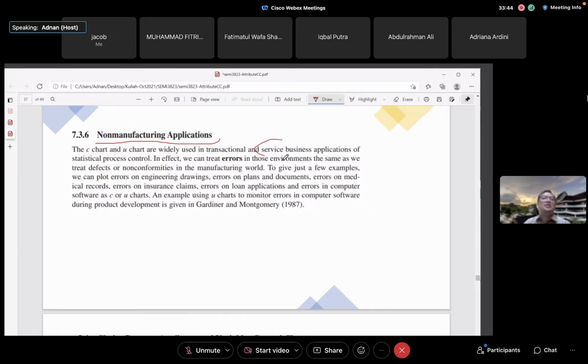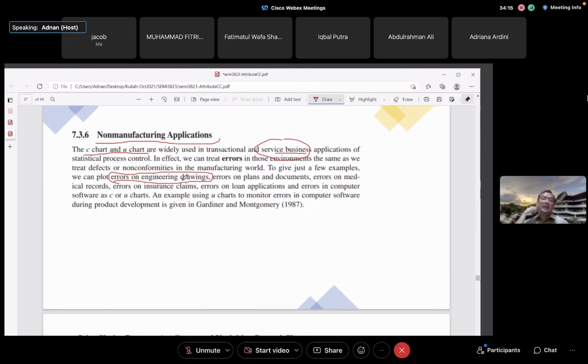C and U charts are widely used in transactional and service business, like banking, where they are processing documents. How many mistakes have they made? Maybe they overlooked something while checking forms filled by the clients, for example. Or an error in engineering drawing. Maybe you are a manager and you want to check how the technician or draftsman does the drawing.